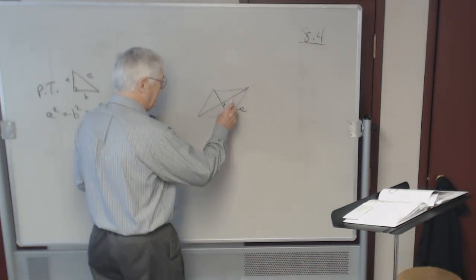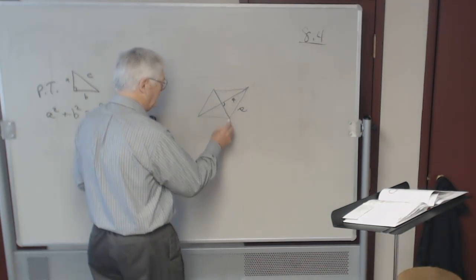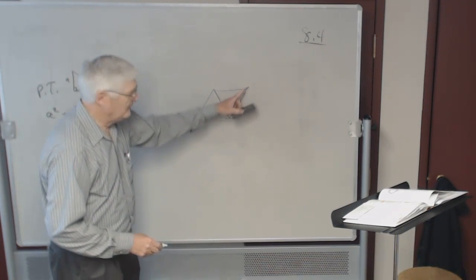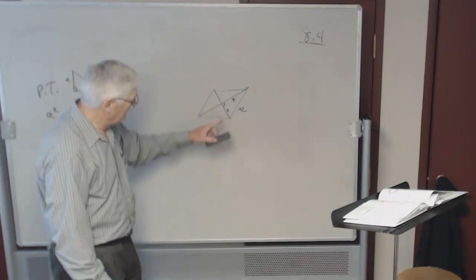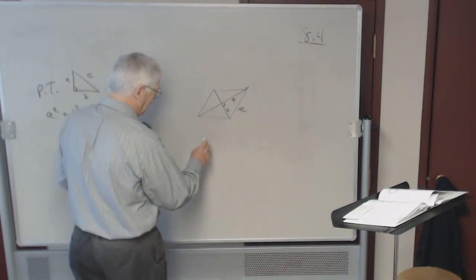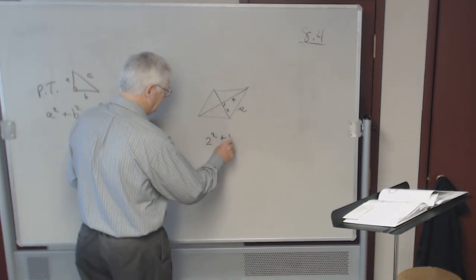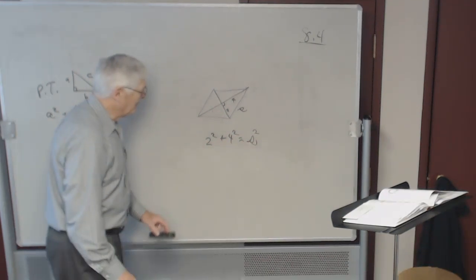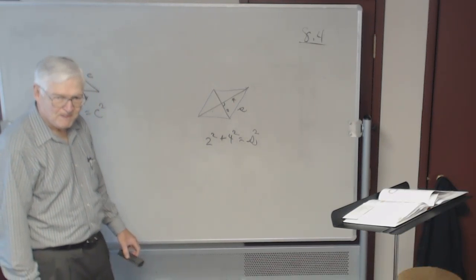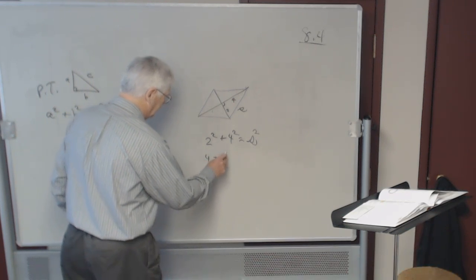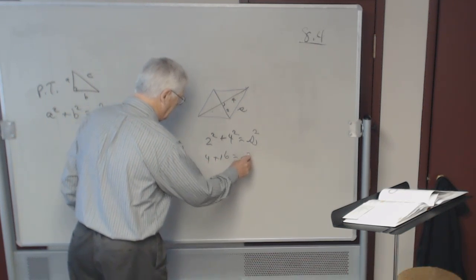If this whole thing is 8, that's 4. If this whole thing is 4, that's 2. Do you see my little right triangle there? With 4 and 2 and S. So Pythagoras says 2 squared plus 4 squared equals S squared. Everybody see that? So I have 4 plus 16 is S squared.